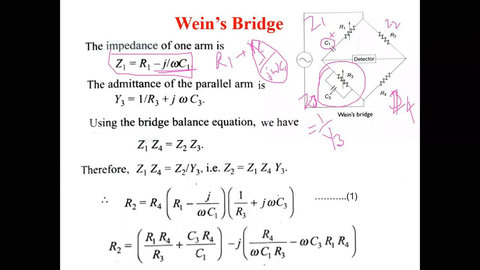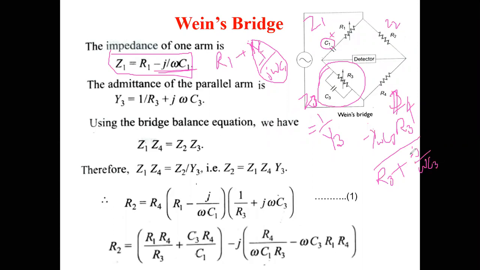Here C3 is in parallel with R3, and therefore we have the equation: minus j by omega C3 into R3 by R3 plus minus j by omega C3.